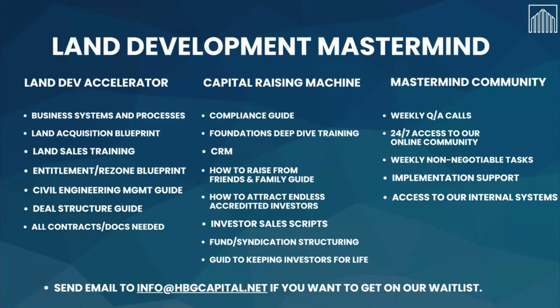Now, again, we work with a lot of business owners, so that's our target avatar. When we get to the accredited investor presentation in 2 weeks, on how to raise money from accredited investors, we talk about this concept called your target avatar and how to create that. Our target avatar are seven-figure business owners.